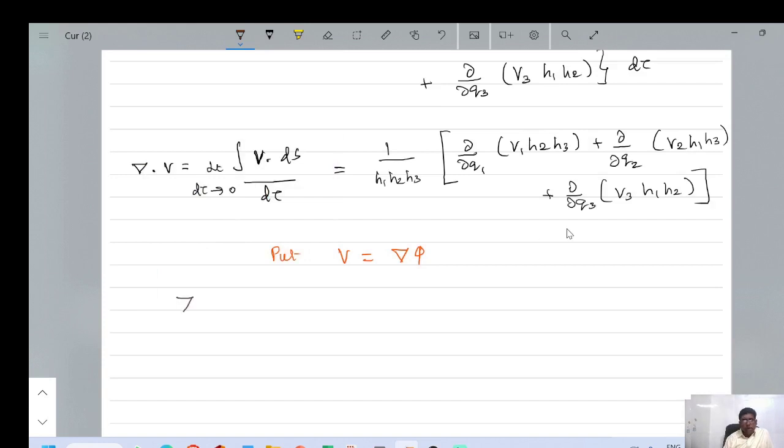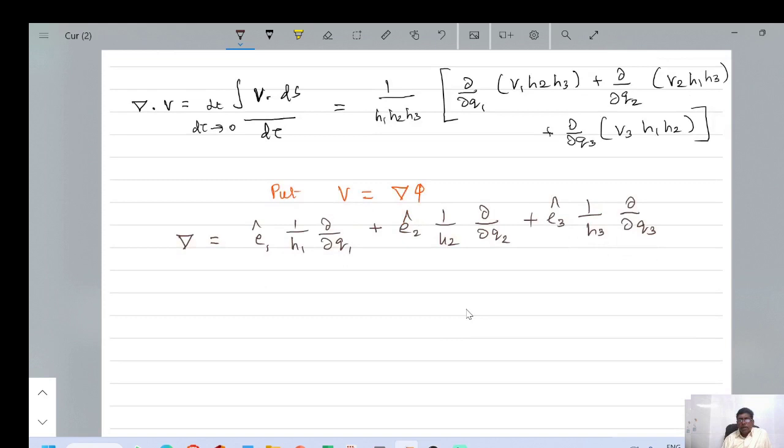The gradient operator is equal to e1 cap 1 by h1 ∂/∂q1 plus e2 cap 1 by h2 ∂/∂q2 plus e3 cap 1 by h3 into ∂/∂q3. This is the value of the gradient operator in orthogonal curvilinear coordinates.